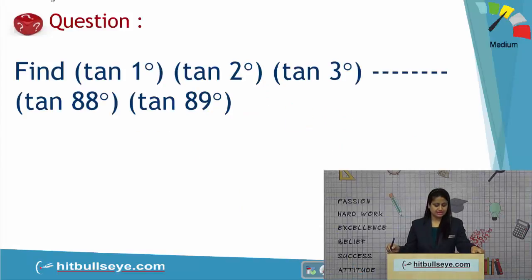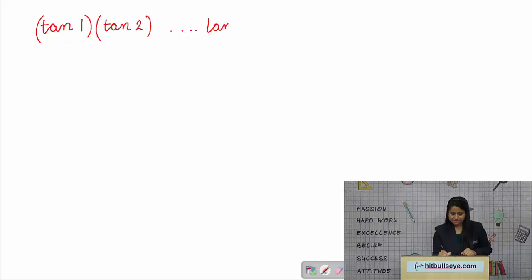Question says, find tan 1 degree, tan 2 degree, tan 3 degree, so on up to tan 89 degree. So let us see. It is tan 1, tan 2, so on up to somewhere between.